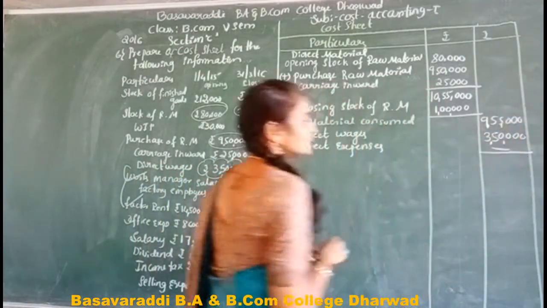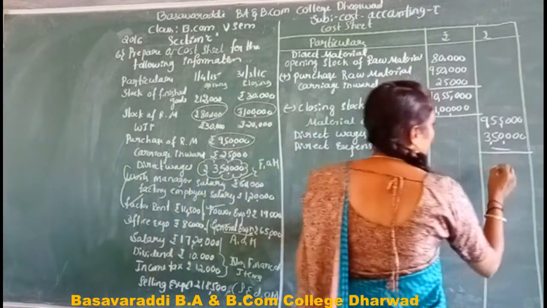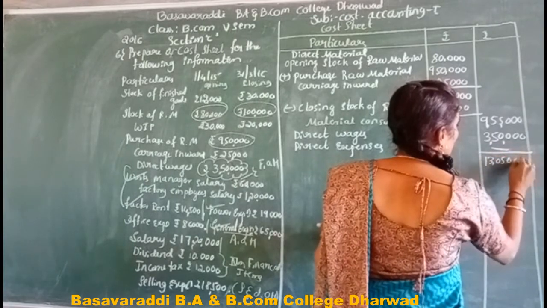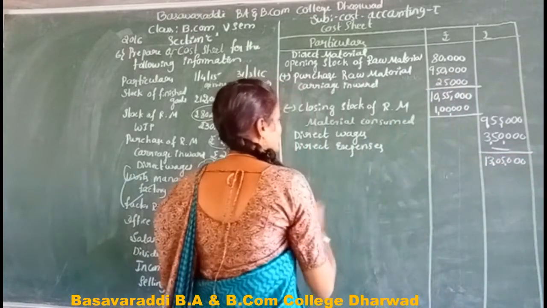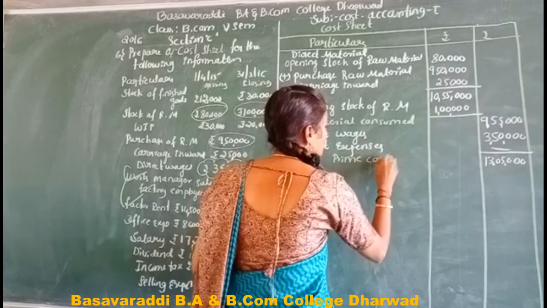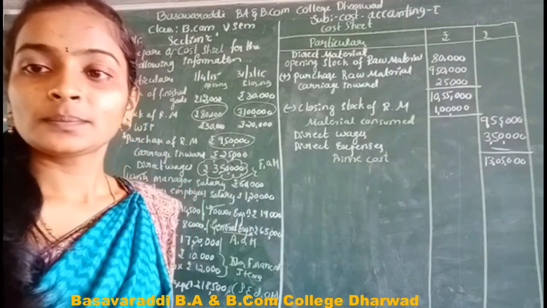Add these two, we will get prime cost. 13,05,000 is called prime cost.